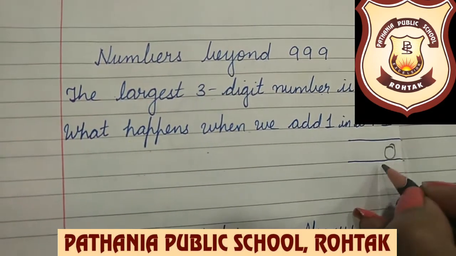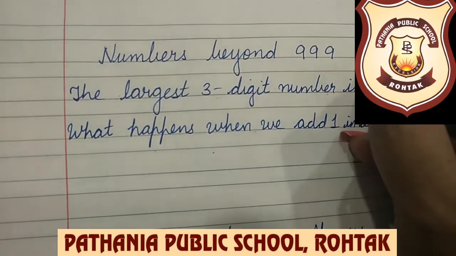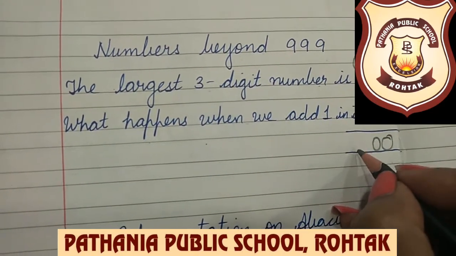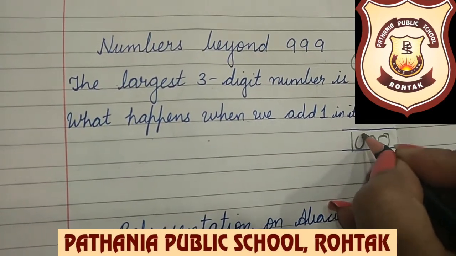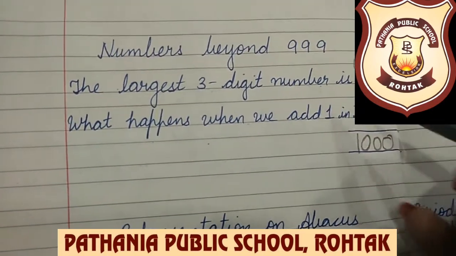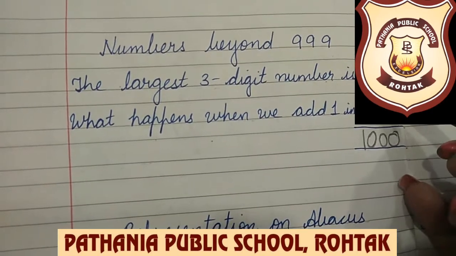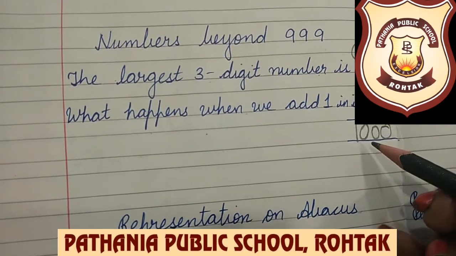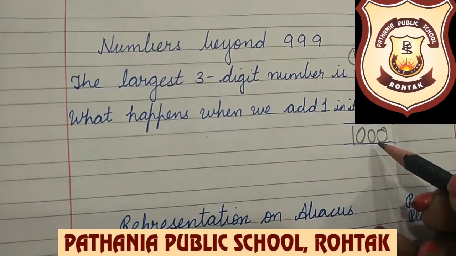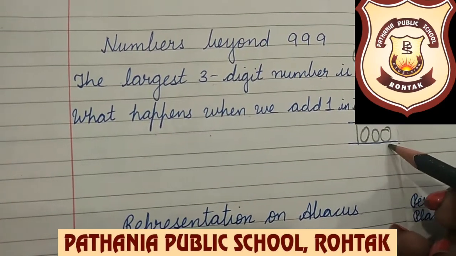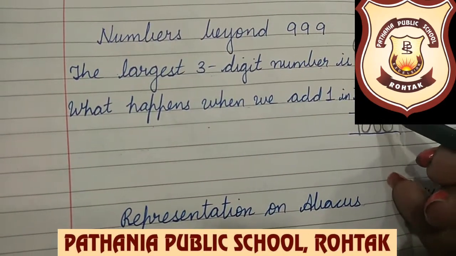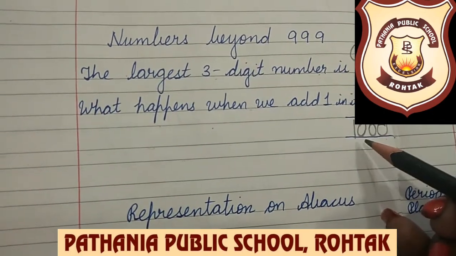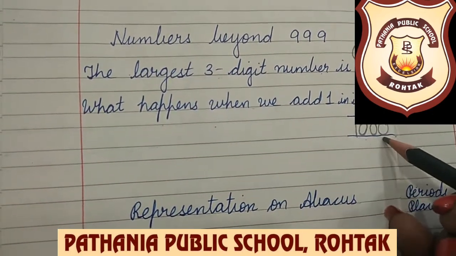Again 9 plus 1 will be 10, 0 will come here and 1 will be carried. Again 9 plus 1 will be 10, so 10 will come here. So by adding 1 to the largest three-digit number, which is 999, we got 1000, and 1000 is the smallest four-digit number.